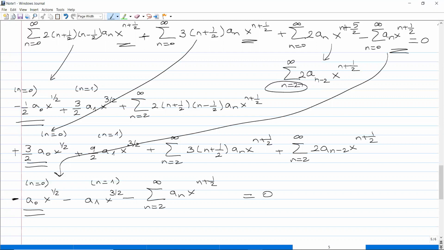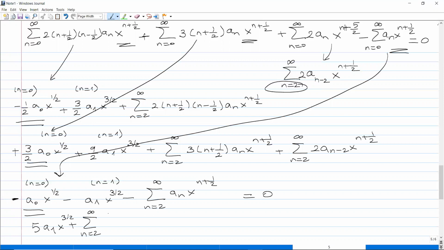For the terms x to the 3/2, I have 3/2 here plus 9/2, so 12/2, which is 6, then minus 1. I have 5a1 x to the 3/2. And in the rest, n starts from 2.